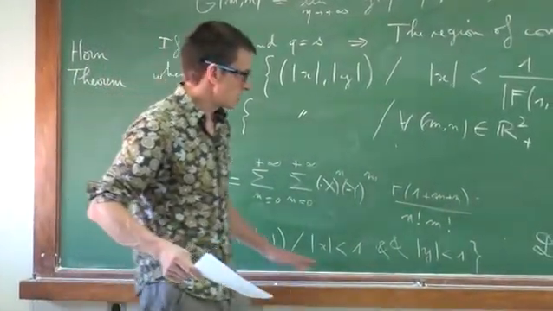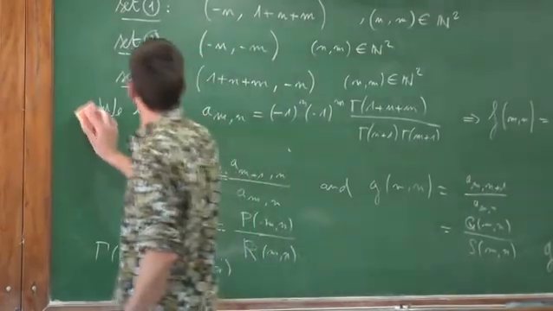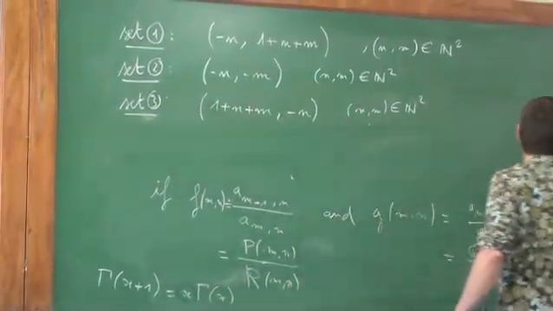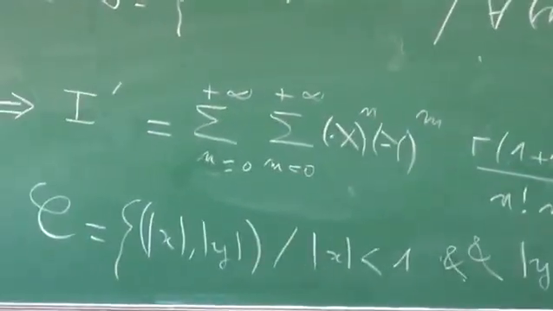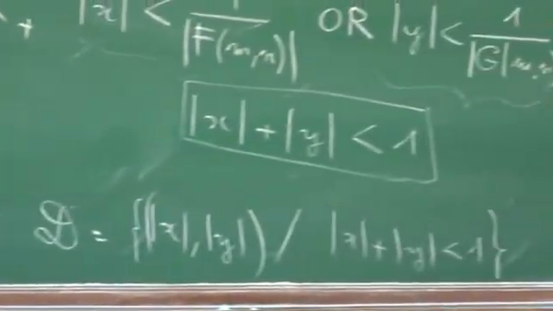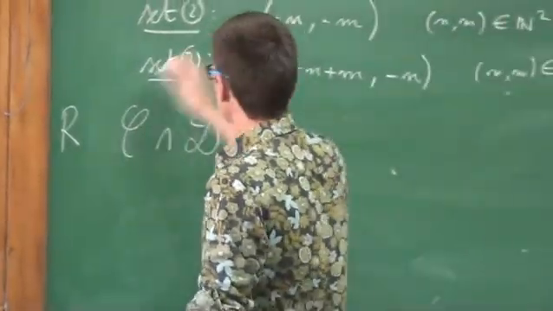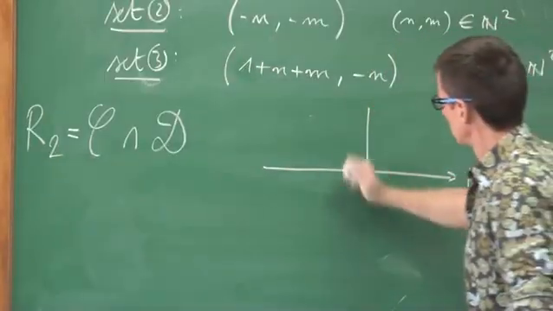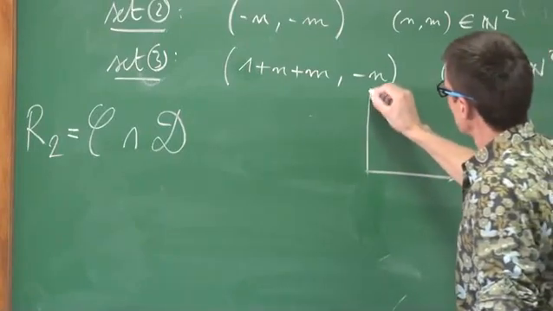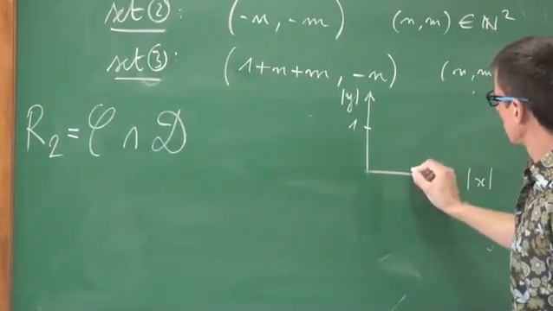If you take this plus this, well, the intersection, you find that C, which is the region of convergence of set 2, may be drawn in the x, y plane as 1, 1, 0.